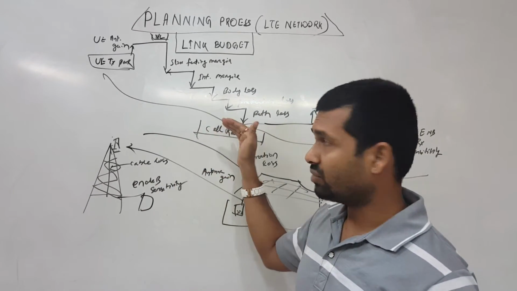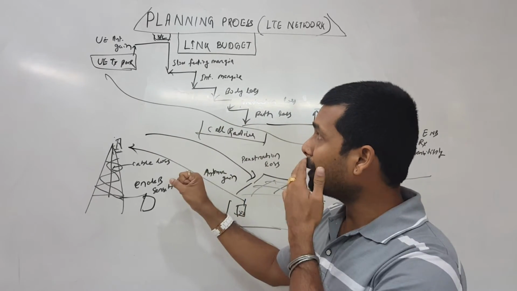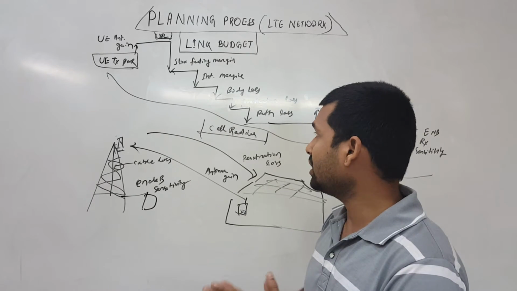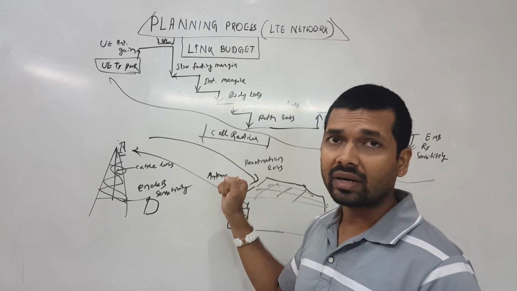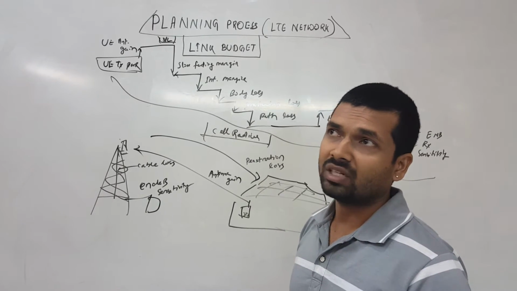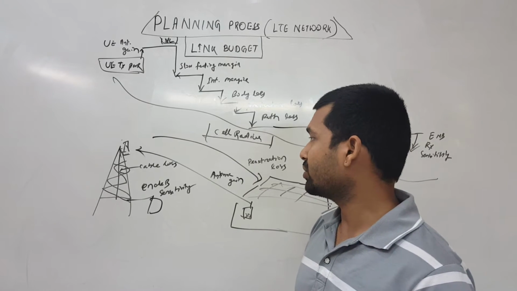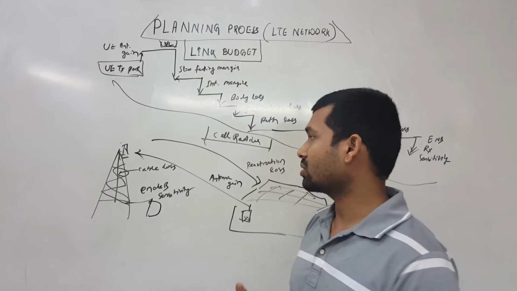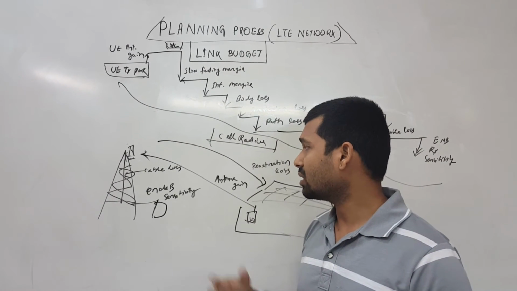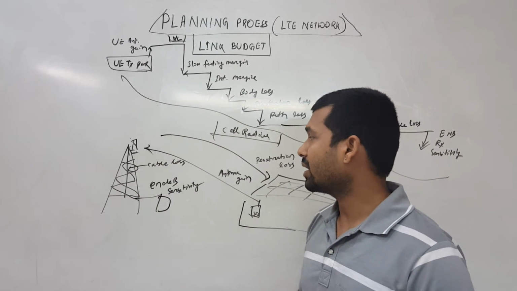So the main aim of the link budget is having the cell radius in the uplink and in the downlink, and balancing it, and finally reaching the cell radius required, maybe in the urban area or the semi-urban area, because in rural we normally don't plan LTE networks. So in semi-urban or urban areas, we have different margins and different antenna heights.